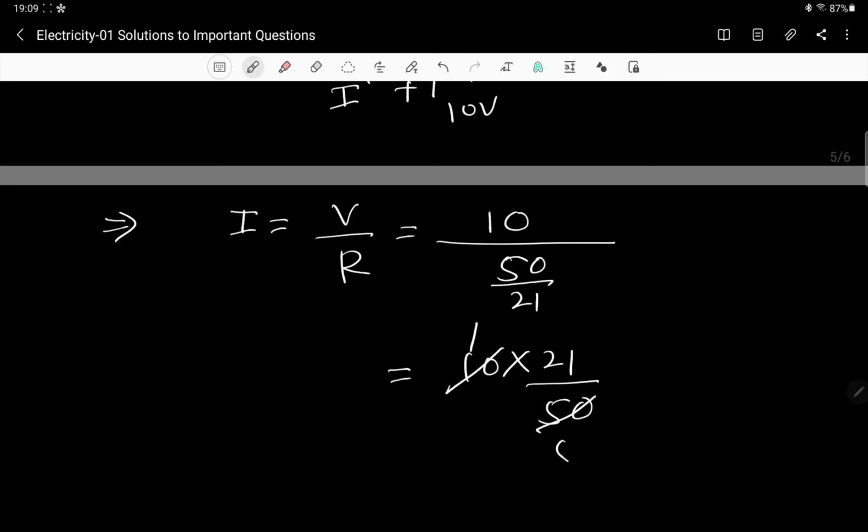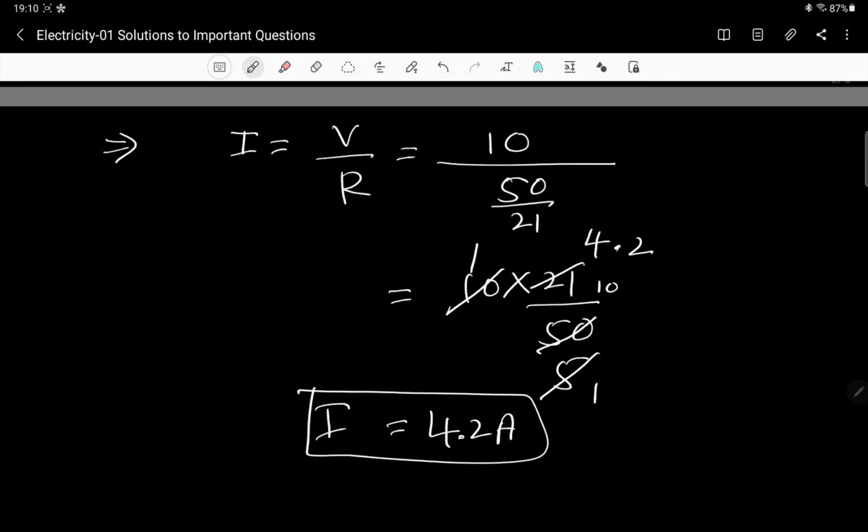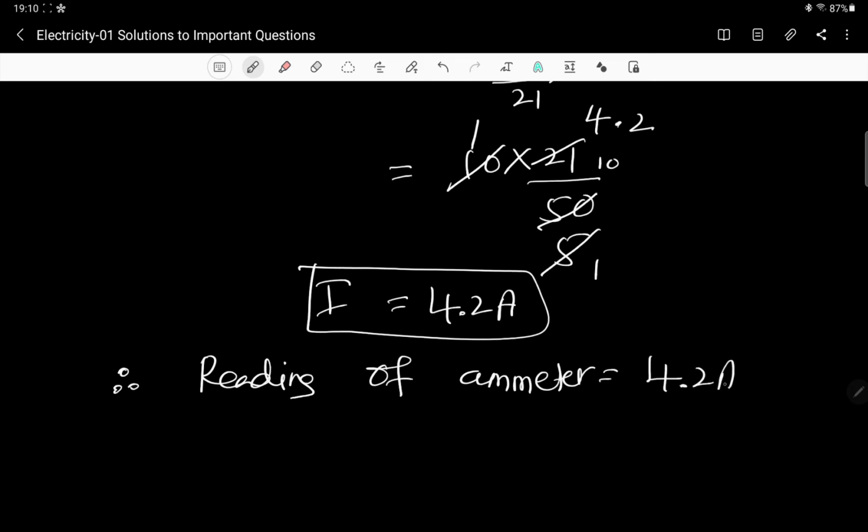So 10 ones are 10, 5 ones are 5, 5 fours are 20, 1 is the carry, and 5 twos are 10. So that is going to be 4.2 ampere. All right, so this is the reading of the ammeter. Therefore you are going to mention: reading of ammeter is equal to 4.2 ampere. I think this is also quite clear.